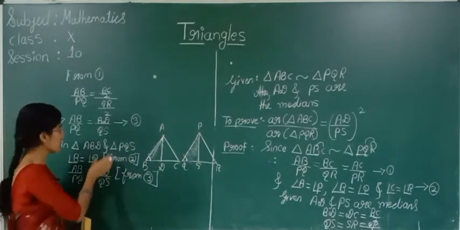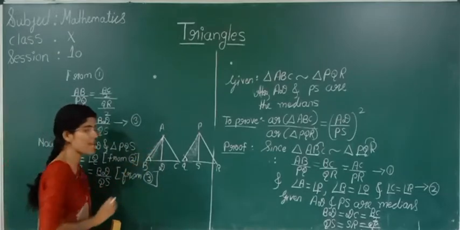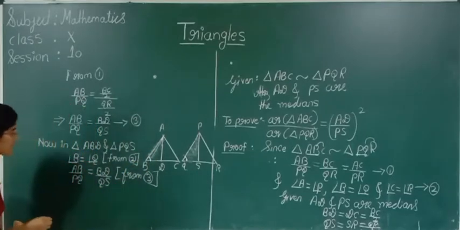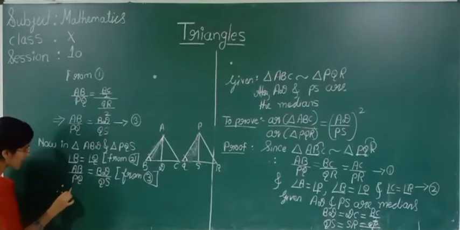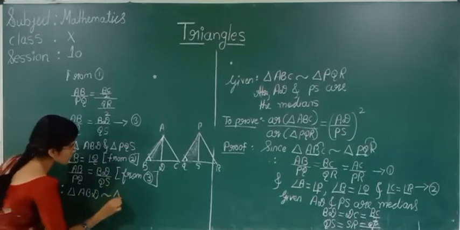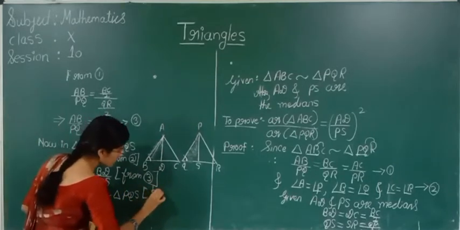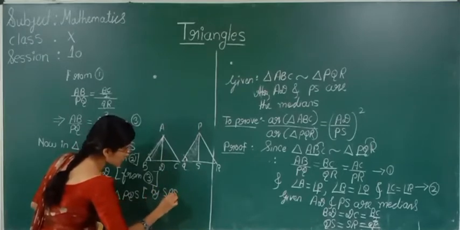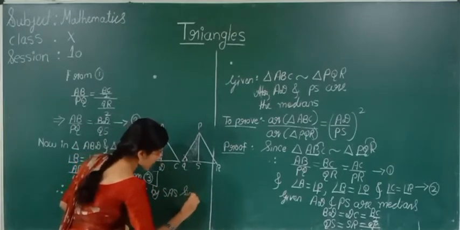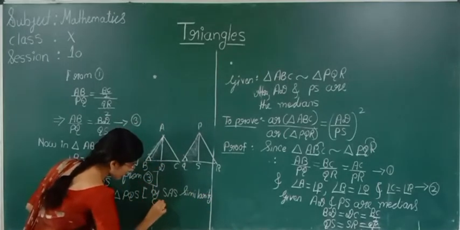Now these two triangles are similar, yes or no? By SAS similarity criterion, therefore triangle ABD is similar to triangle PQS by SAS similarity criterion.